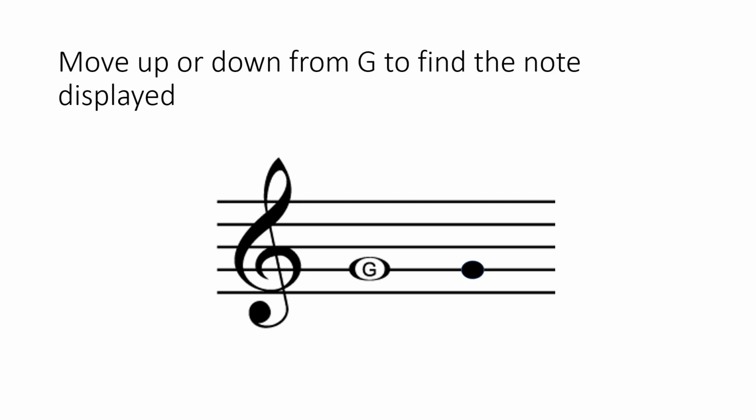Another way to look at locating notes: if you know that G is the second line as indicated by the treble clef, you can simply count up or down from G to find the note displayed.